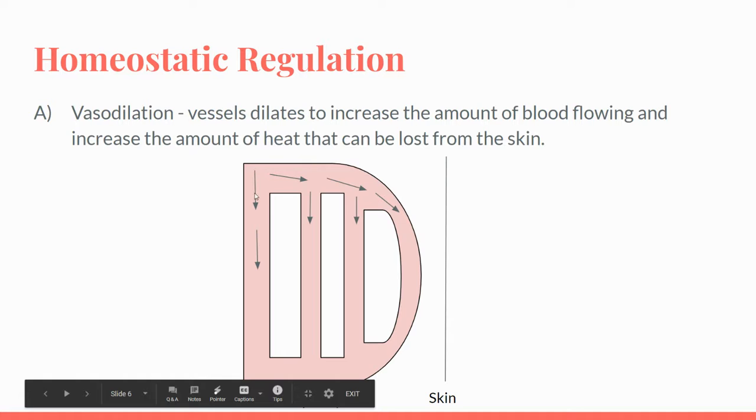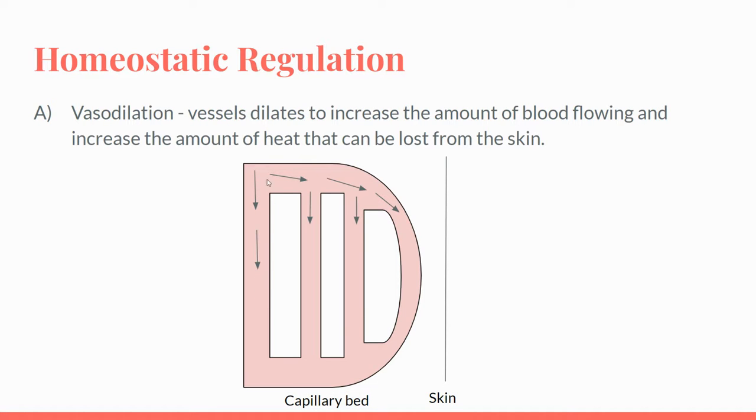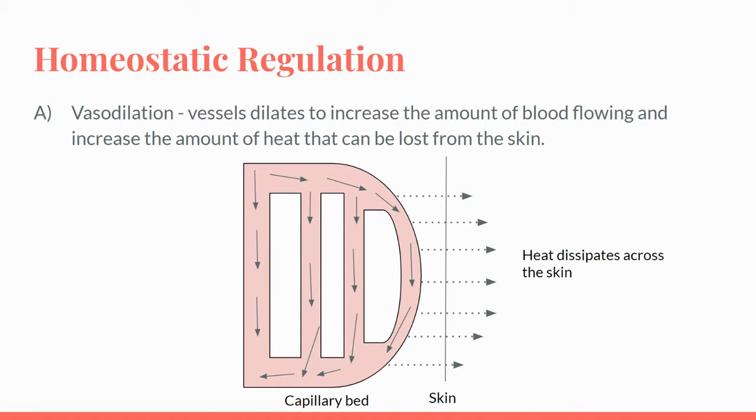So rather than blood traveling deeper in your skin, it shoots up into these capillary beds that are closer to the surface of your skin, causing your skin to look red because blood is flowing close to the surface. And when it does that, the heat inside your body is dissipated or lost from your skin because it's cooler on the outside of your skin than it is in your body. So heat moves and dissipates from your blood, and your skin will actually cool off and you will become cooler.